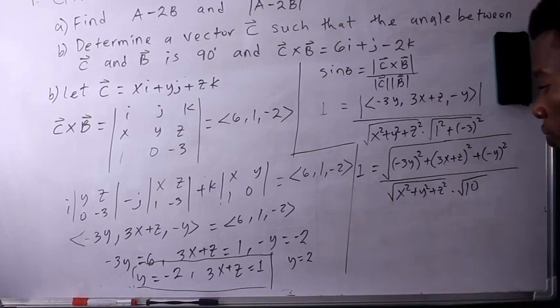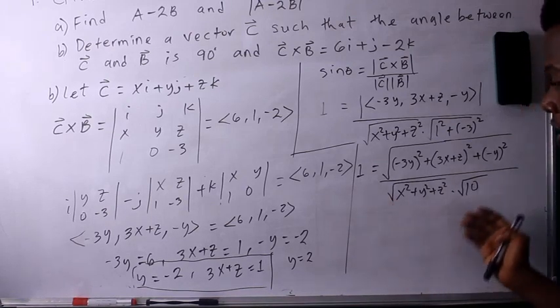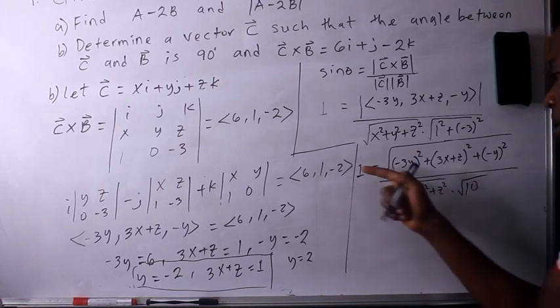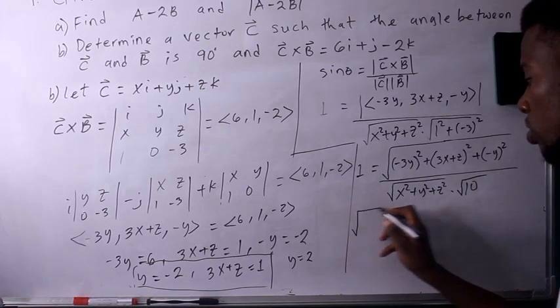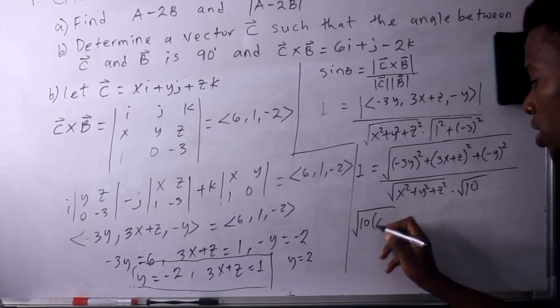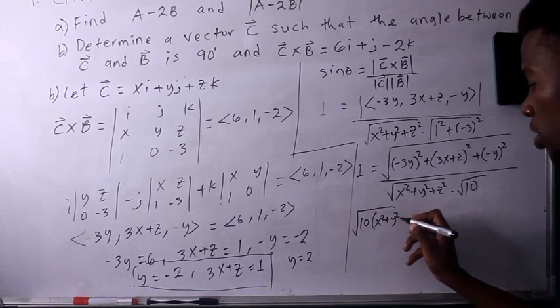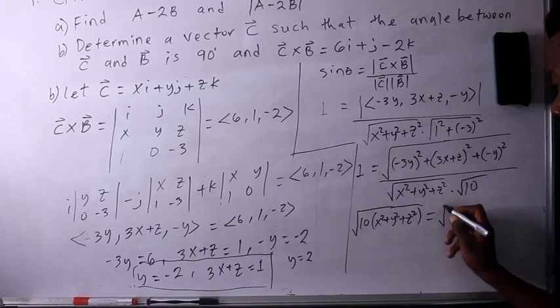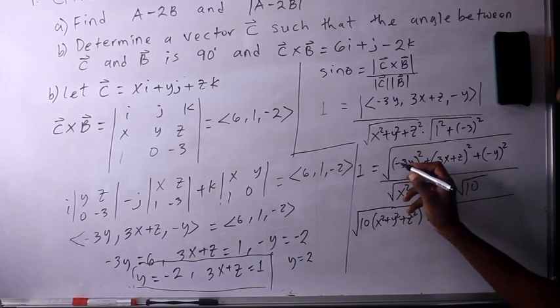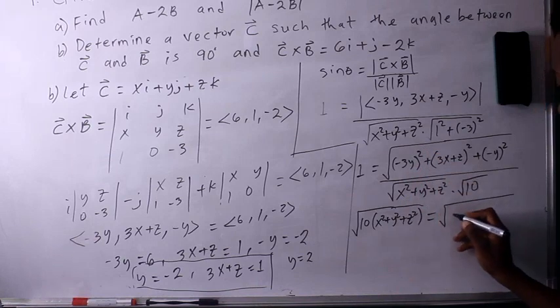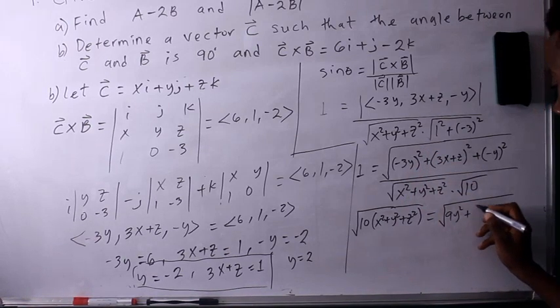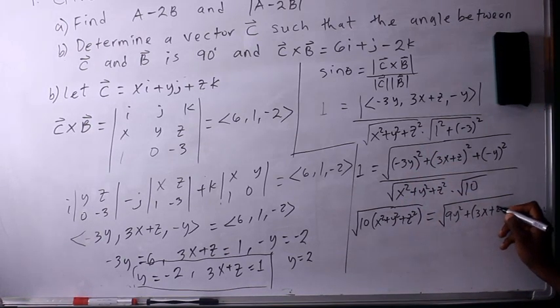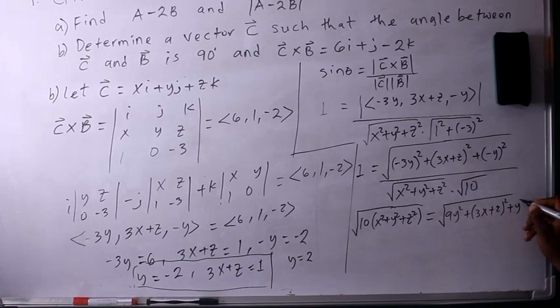At this critical junction, we can cross multiply. So this time 1 is the same thing, so we have the square root of 10 multiplied by x squared plus y squared plus z squared equals the square root of 9, negative 3y all squared is 9y squared plus 3x plus z all squared plus y squared.